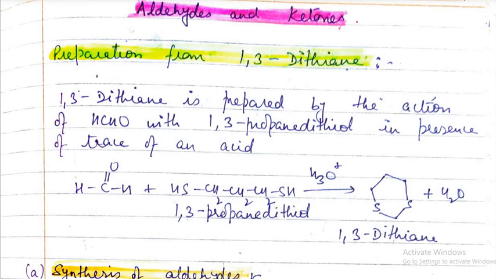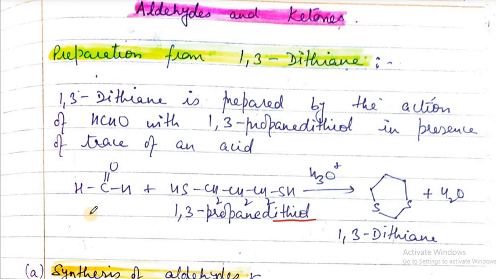It is propane, there are 3 carbons, and then OH groups are replaced with SH, that is oxygen is replaced with S, therefore thio is used. There are 2 SH groups, so it is dithiol.